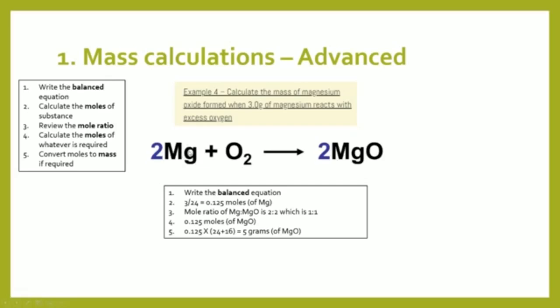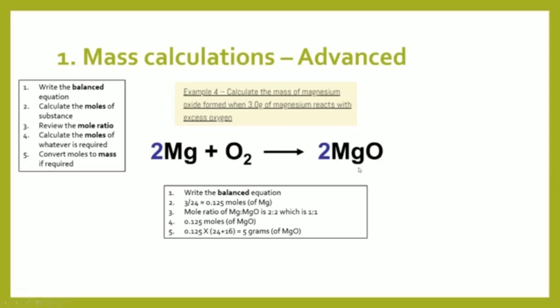If 0.125 moles of magnesium was used, then you figure out the mole ratio. You've got the number 2 in front of magnesium, and you've also got the number 2 in front of magnesium oxide, giving you a ratio of directly 1 to 1. What that means is, since 0.125 moles of magnesium was used, 0.125 moles of magnesium oxide has been formed.